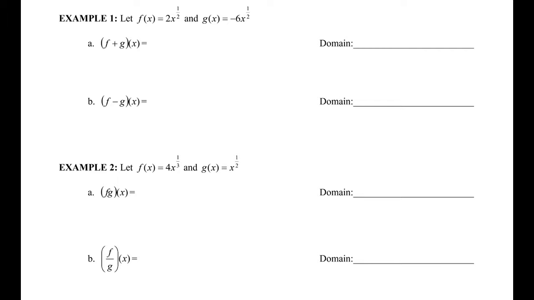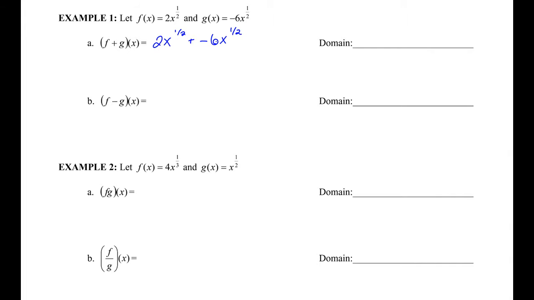So the first one, example 1a, f plus g of x. So we're going to take the f value, which is 2x to the 1/2, and I'm going to add it to the g value, which was negative 6 times x to the 1/2.